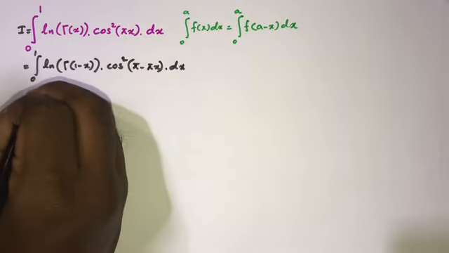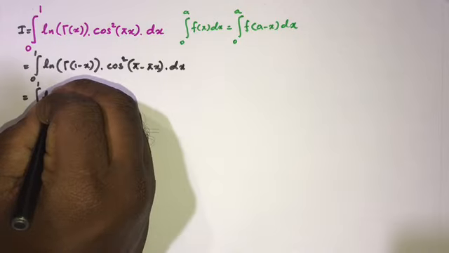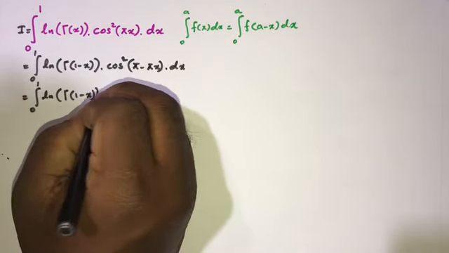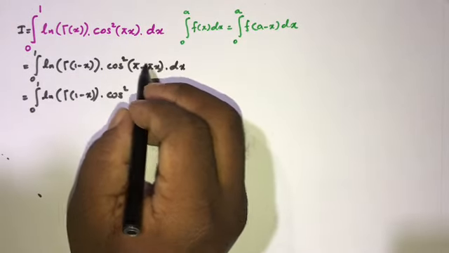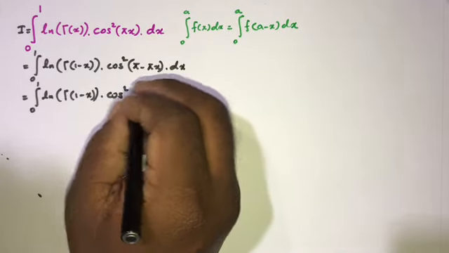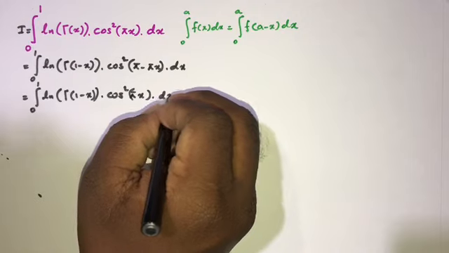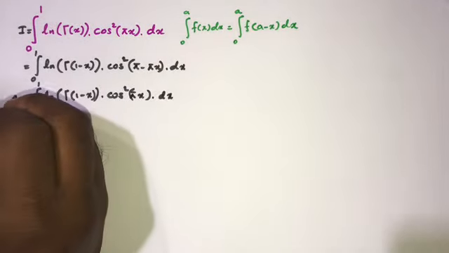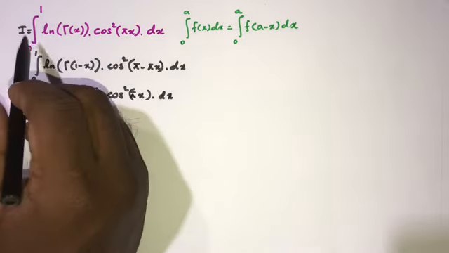Cosine square of pi minus pi x is cosine square of pi x. Now here we know this is also equal to I.